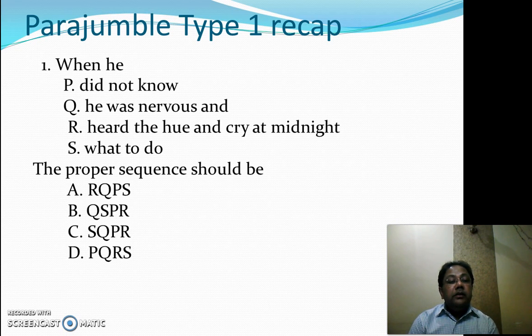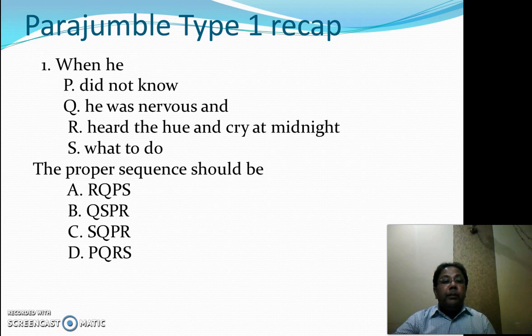So far P and R seem to be following after "when he." So let's be doubly sure. Let's move to S, "when he what to do." Now this is not a proper sentence. So after this analysis, we are clear that Q and S are not going to be the first sentence in this question.